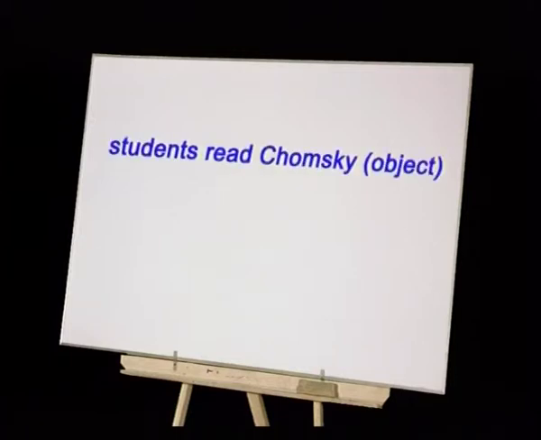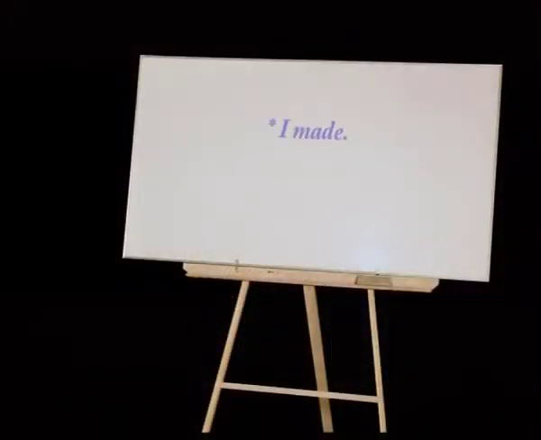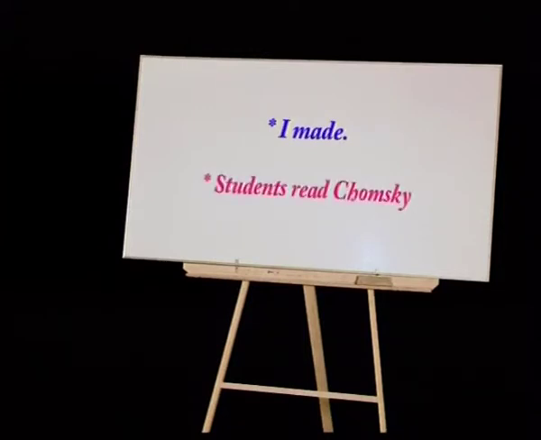The simple sentence, students read Chomsky, plays the role of object of the verb made. Because the syntax of the two parts of a complex sentence is intertwined, it is often not possible to divide them into two freestanding simple sentences, as in I made and another sentence, students read Chomsky.